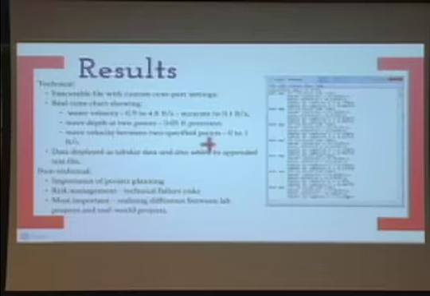For the water velocity, we were able to achieve our accuracy of 0.1 feet per second up to 4.8 feet per second. For the water depth, our goal was 0.1 feet of accuracy, but we were able to exceed that, and we got 0.05 feet accuracy.